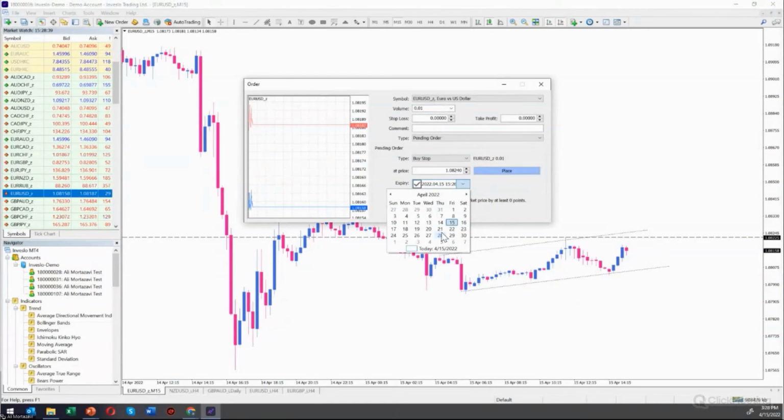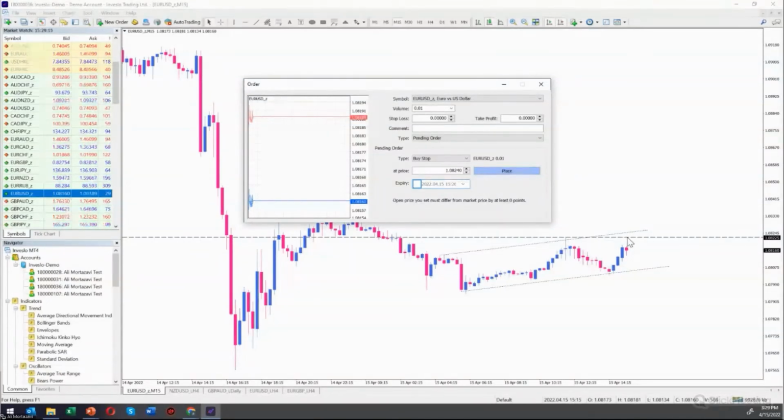So you may decide to use this buy stop order to place an order with no expiry date, because maybe today, maybe tomorrow, maybe another week, you want to wait until this level is reached by the market. You can use it when you are sure that the market is going to keep going up after reaching these higher prices.